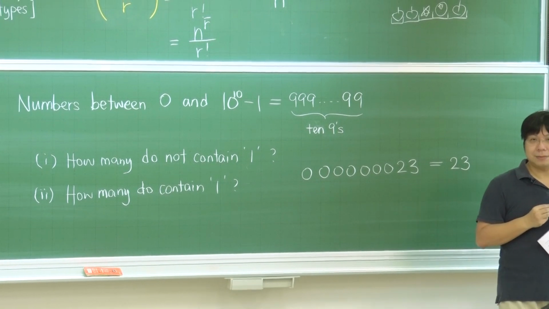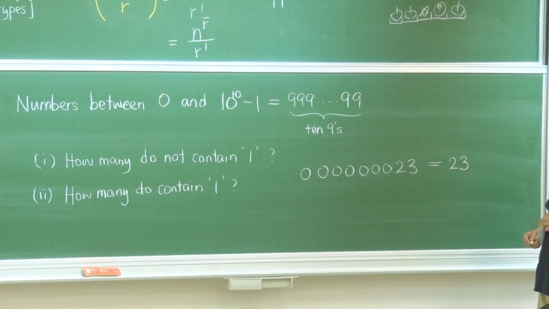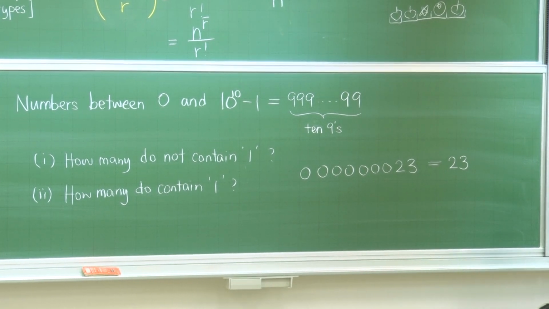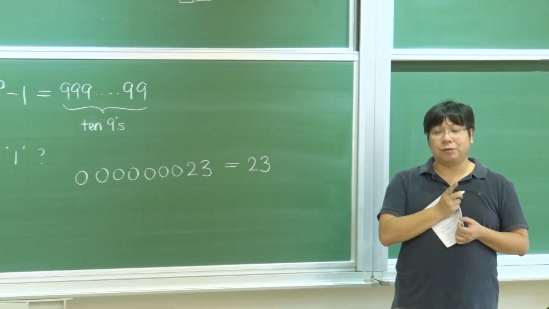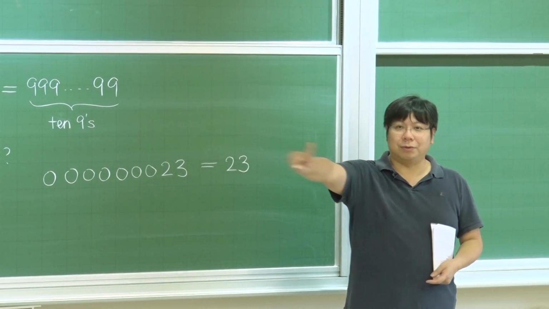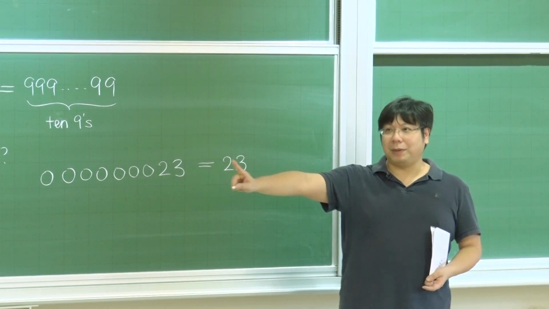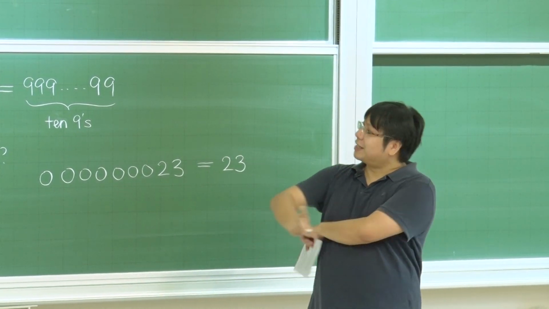Every number here becomes a 10-digit number, and there is no repetition. So 0 will be all zeros. 1 will be 9 zeros followed by 1, and so on and so forth. Does that help you?